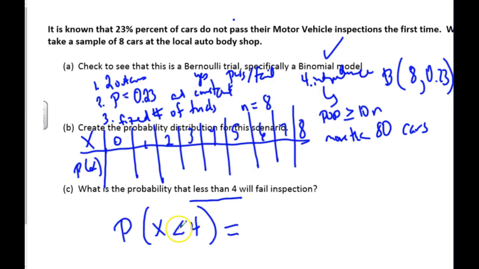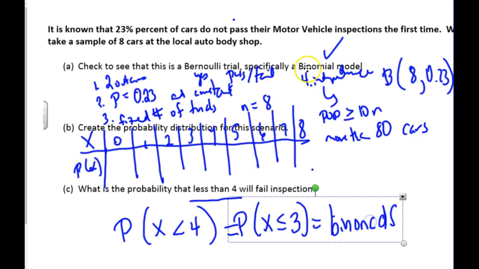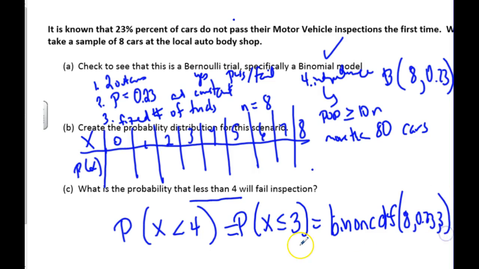Remember, if it is less than, it's going to be CDF, but because it does not include the 4, this is the same as P of X less than or equal to 3, which I can get with binomCDF of 8, 0.23, 3.